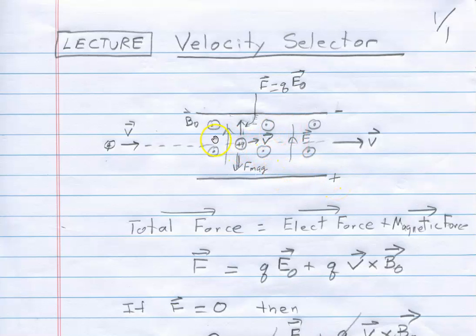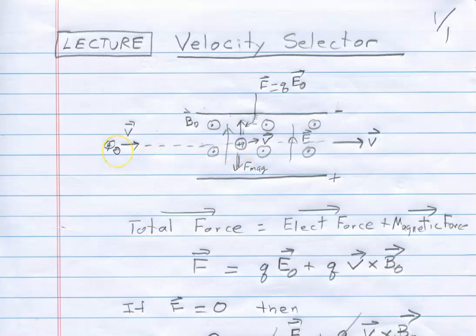And I choose that direction because I know that for a positive charge, the force of the electric field on it is Q times E. And so I've got an electric force on the particle up in this direction caused by the electric field. I've got magnetic force by the magnetic field.